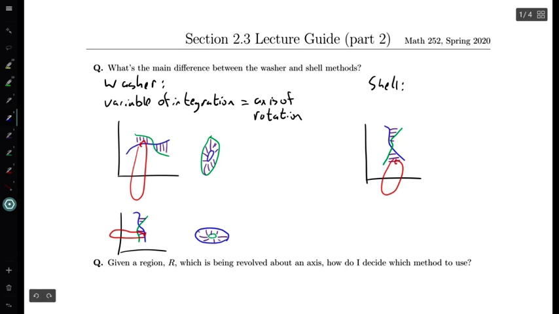That forms this situation where on the right-hand side of my shell, I have my blue disk, and on the left-hand side, I have the green disk. Ooh, that's a rough drawing.